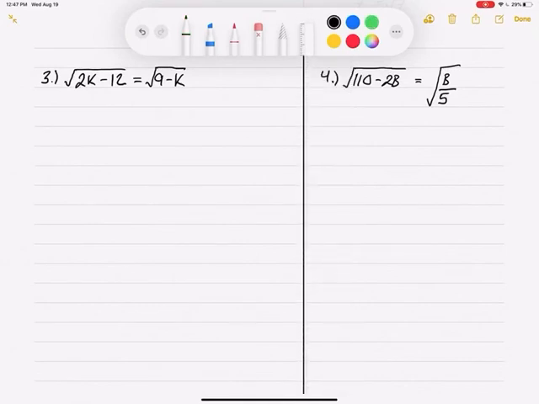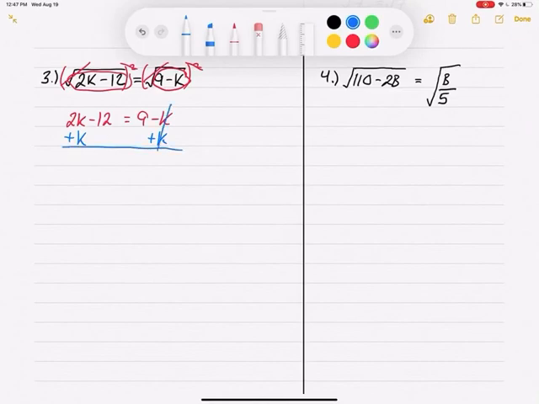All right, example 3, same thing. I have 2 square roots. So to get rid of the radicals, I'm just going to square both sides. The square root cancels out with the exponent. I keep what's inside. The square root cancels with the exponent. I keep what's inside. So I have 2k minus 12 is equal to 9 minus k. I'm going to move the k over by adding it to both sides.